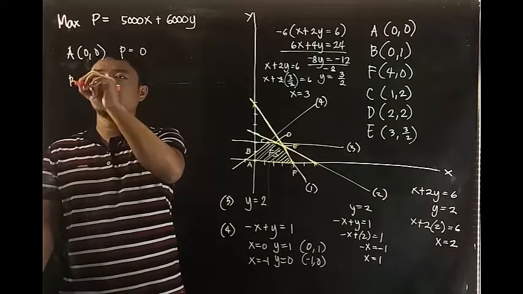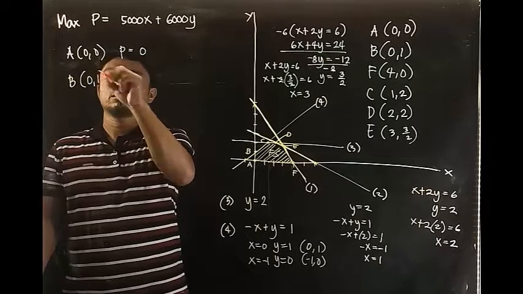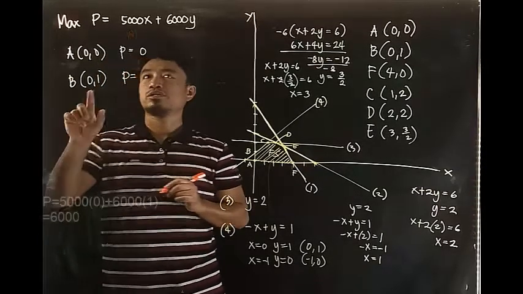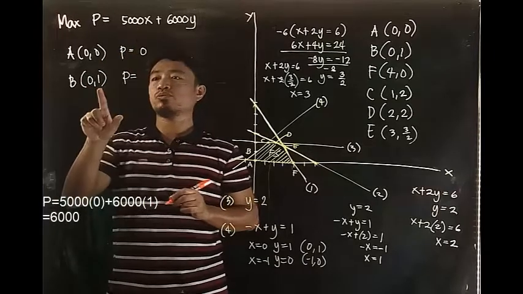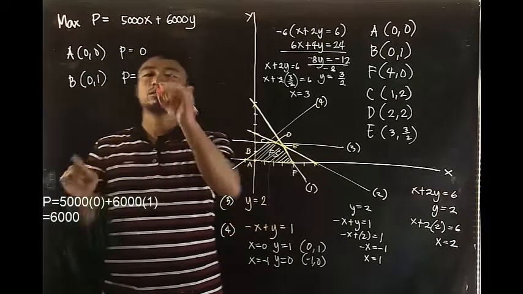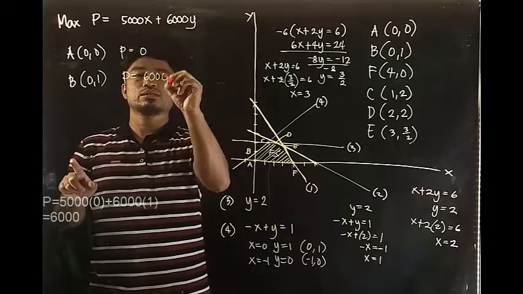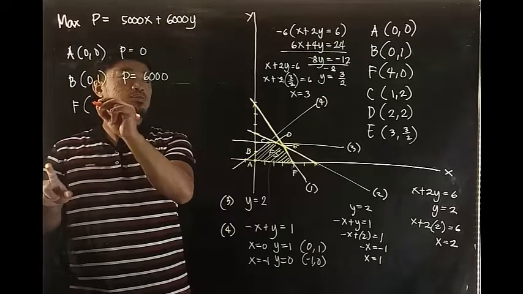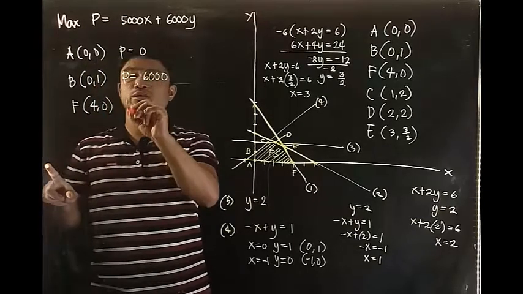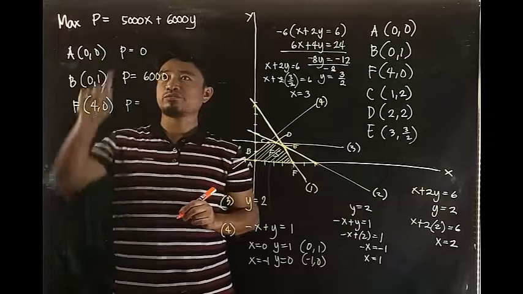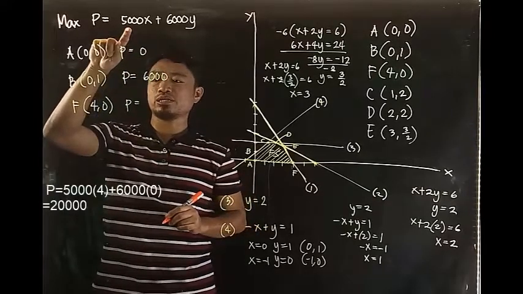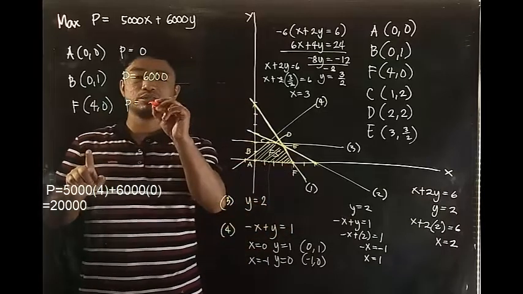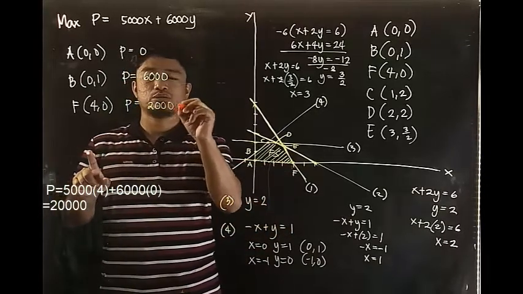At point B, the value of p is 0 times 5,000 is 0, plus 1 times 6,000 is 6,000. And at point F, (4, 0), the value of p is 4 times 5,000, that's 20,000, plus 6,000 times 0, that's 0, so the value of p is 20,000.